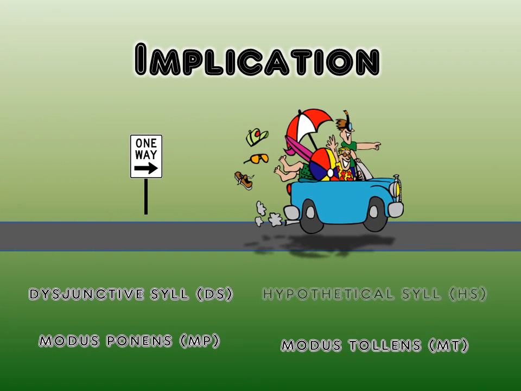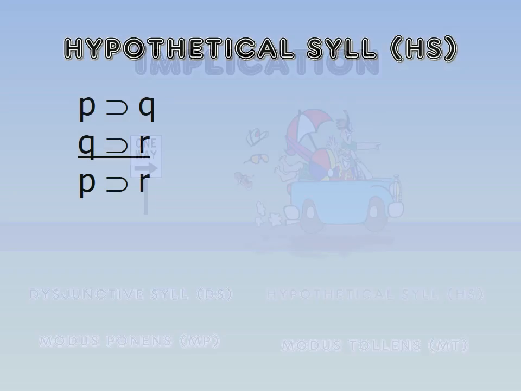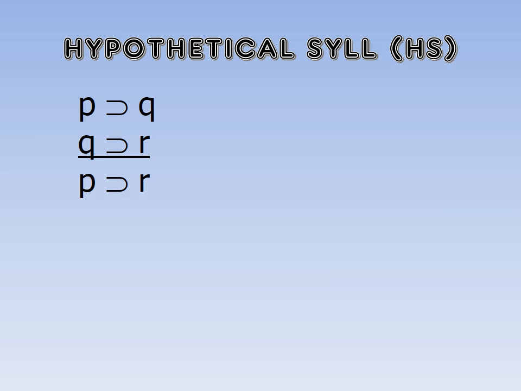Well, time to move on and study another rule of implication, the hypothetical syllogism. We've studied syllogisms before, categorical syllogisms. Hypothetical syllogisms are a bit different. The hypothetical syllogism says that if proposition P takes you to Q and proposition Q takes you to R, P is sufficient to get you to R after all.